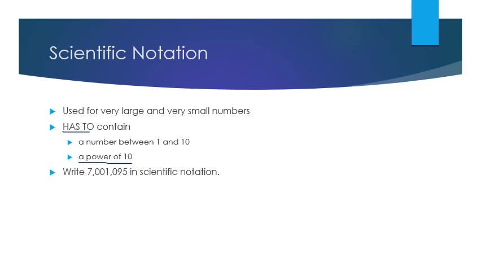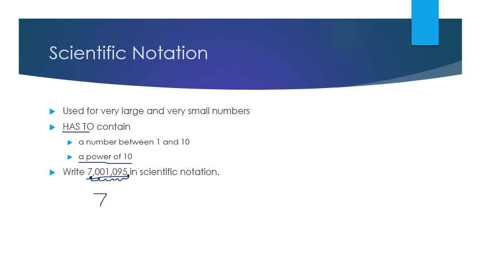So for instance, let's write 7,001,095 in scientific notation. Every number has a decimal point. In this case, it comes right after the 5. In order to make this into a number between 1 and 10, I'm going to have to divide. And I'm going to divide by 1, 2, 3, 4, 5, 6 factors of 10 and put the decimal right after the 7.